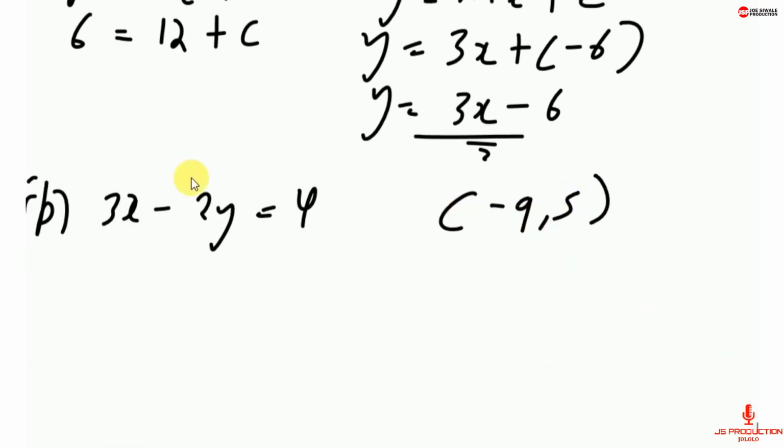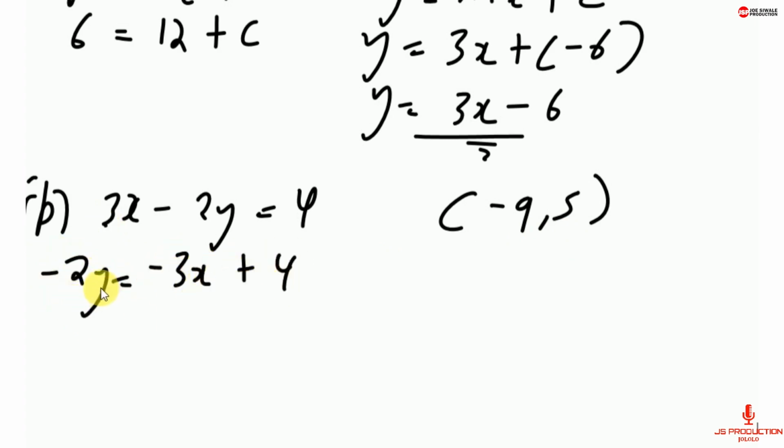So the first thing that we are supposed to do, we are supposed to find the gradient of this, and after finding the gradient of this, we are supposed to find the gradient of the line that is passing through negative 9, 5. So for us to calculate the gradient there, we're supposed to change this equation into the standard form. So we can say negative 2y is equal to negative 3x plus 4.